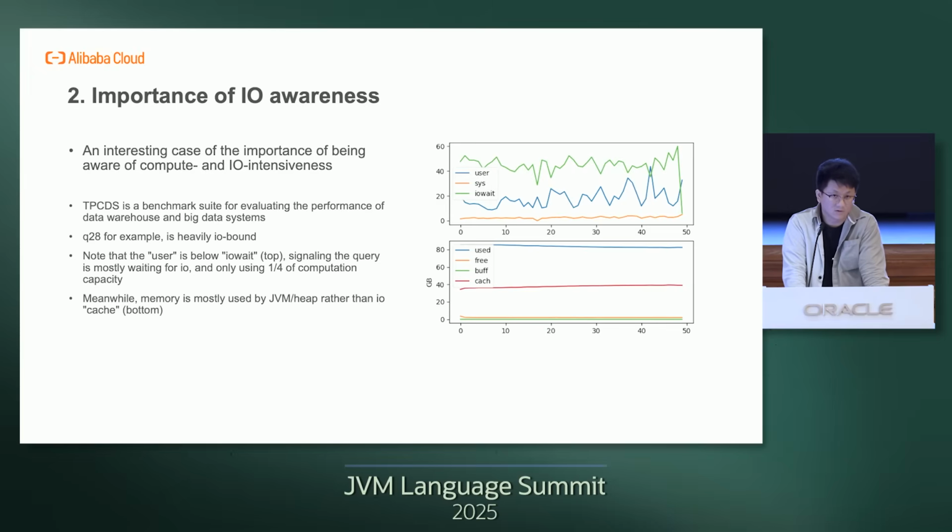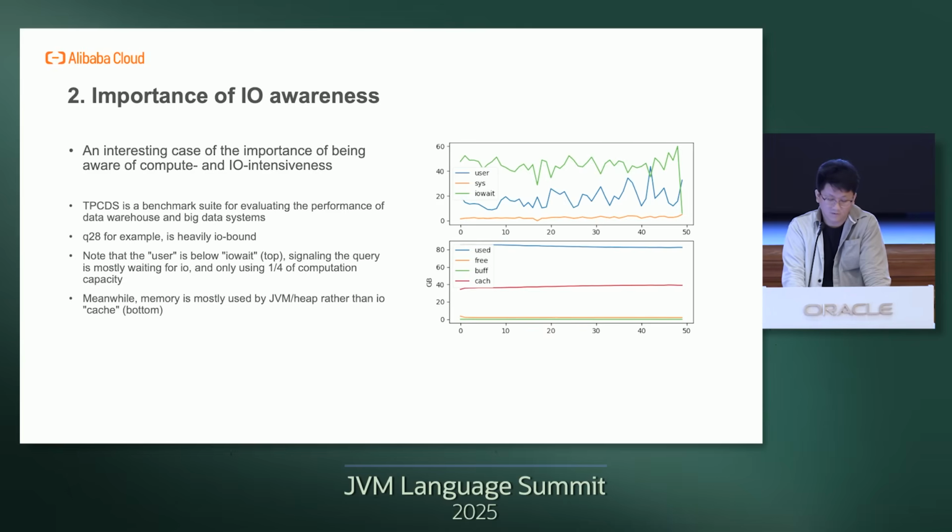I mentioned earlier that we care a lot about Spark performance, and our users that use Spark are typically very concerned about the TPC-DS benchmark, which is used for evaluating the performance of data warehouse and big data systems. There are 99 queries in this benchmark, and some of them exhibit heavy I/O bound behavior. For example, Q28.